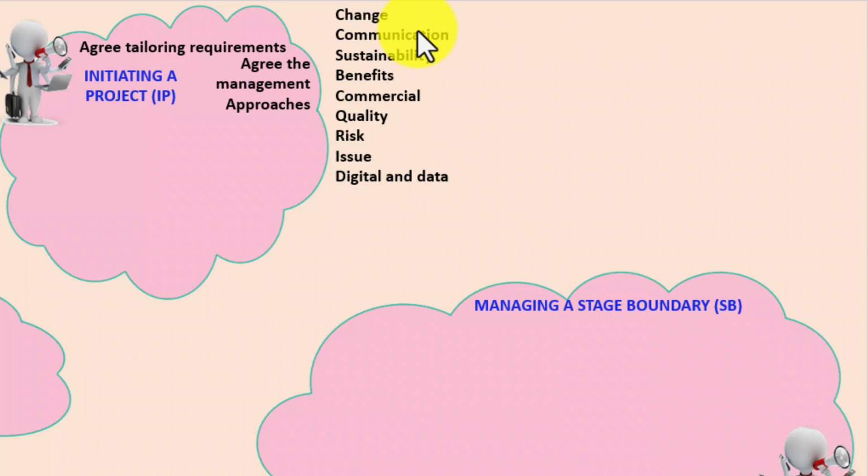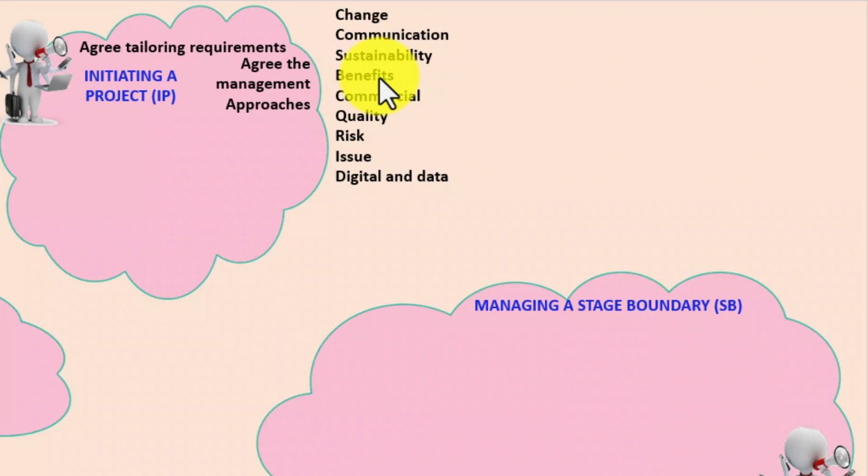The communication management approach, and by the way, all of these approaches see them as strategies, if you will. Is this the approach you're taking to communicate throughout the project? The new kid on the block here is sustainability. This is the approach you're taking to ensure you meet your sustainability goals. Sustainability goals are contained within the business case.